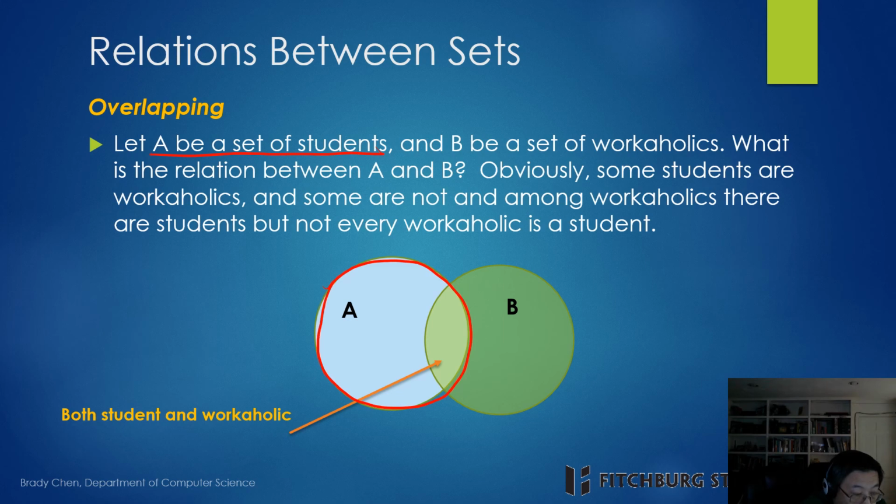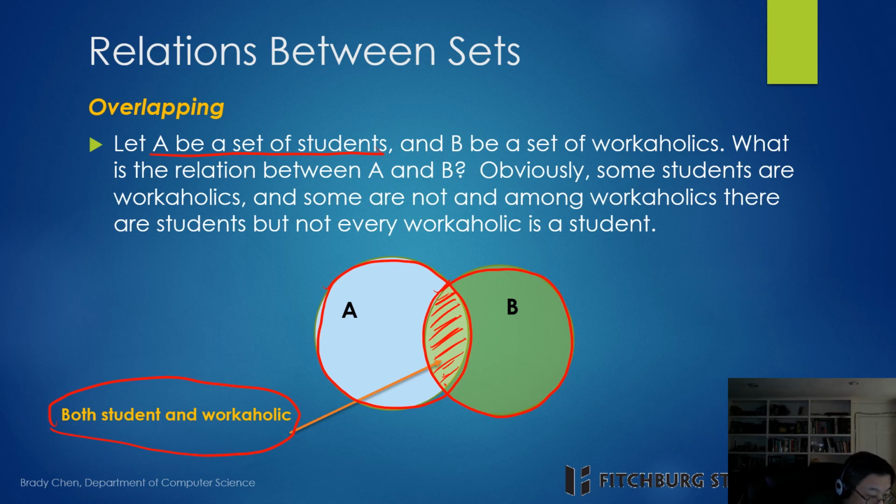So there is some overlapping here. Each element in the overlapped area belongs to both A and B. That means each element belongs to both student and workaholic.